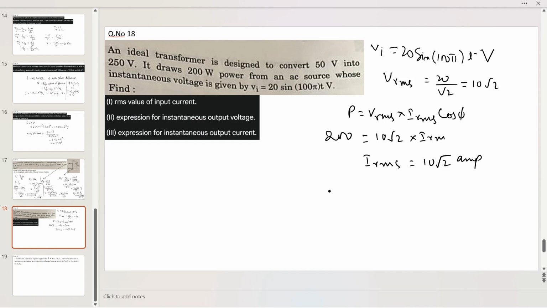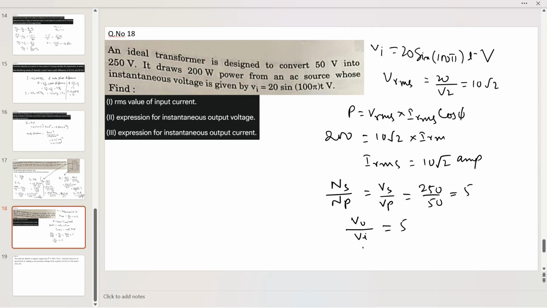Now we have to find the expression for instantaneous voltage. We know that Ns by Np, the number of turns, is equal to Vs by Vp, secondary by primary. Your secondary, the output, is 250 because it is a step up transformer, so this comes to be 5. So V output by V input is equal to 5.